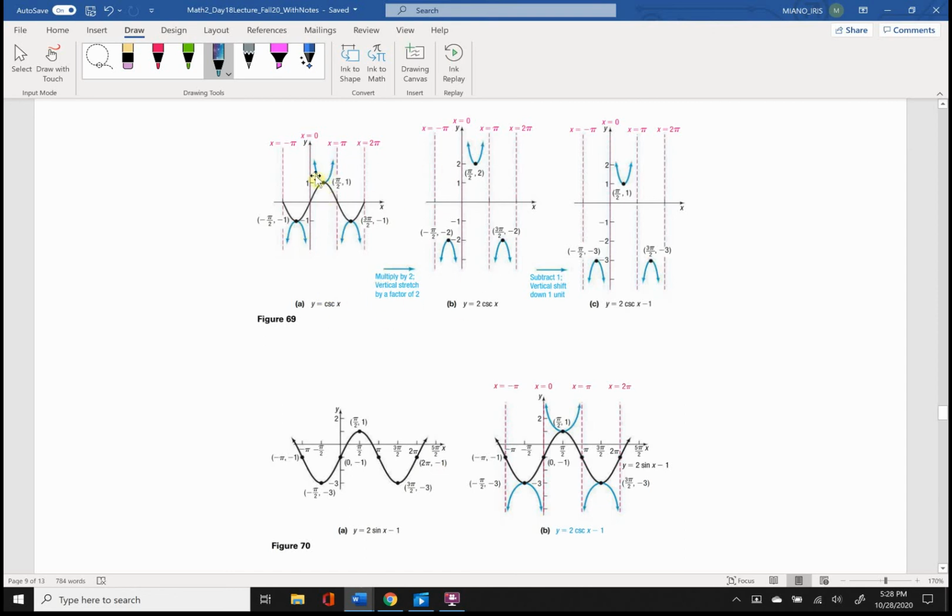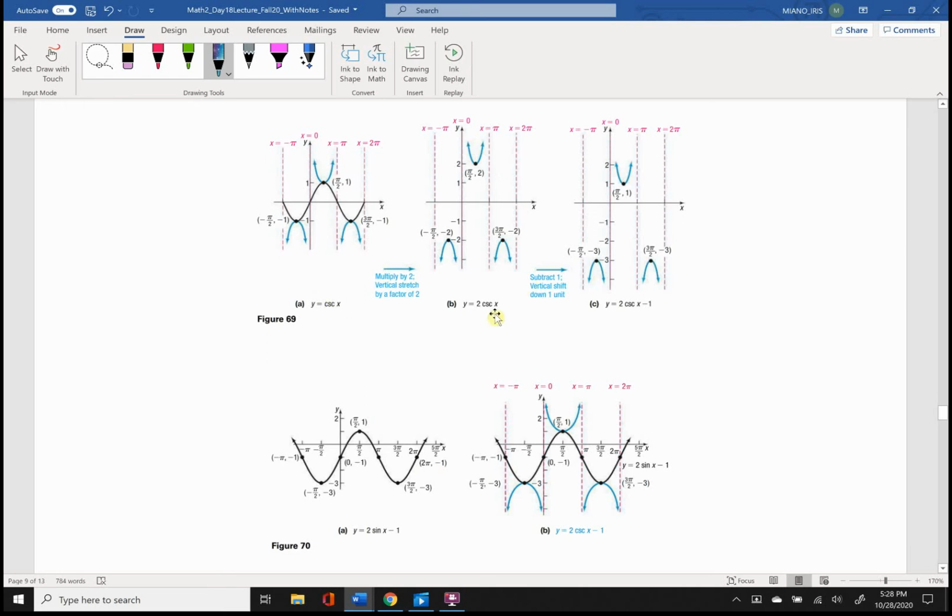So they plotted their cosecants, and then they just moved around the cosecants according to the transformations, which for this one was a vertical stretch by 2, so the vertices move up to 2's and negative 2's instead of 1's and negative 1's, which are the usual troughs and peaks of the original parent sine function, which is the counterpart for the cosecant.